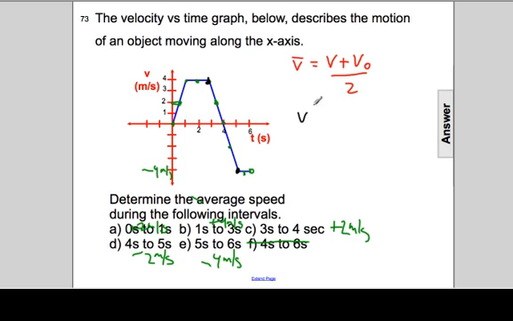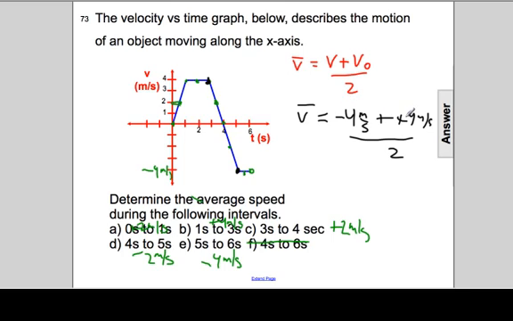The average speed, plugged into the formula, would be the final speed, which is negative 4 meters per second, plus the initial speed, positive 4 meters per second, divided by 2. And something special happens.